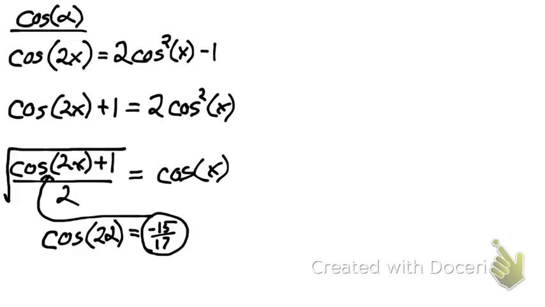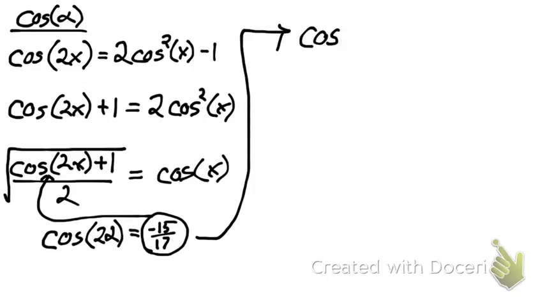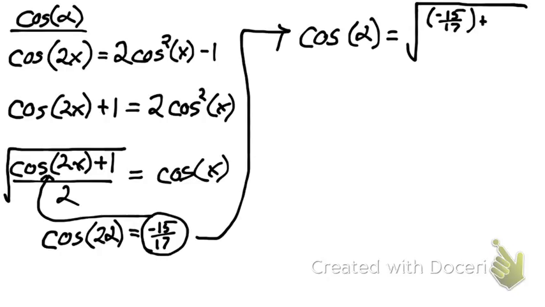Going up to the other side, still in the center column, cosine of alpha is going to equal the square root of negative 15 over 17 plus 1, all over 2. And now all it takes is simplifying from there.